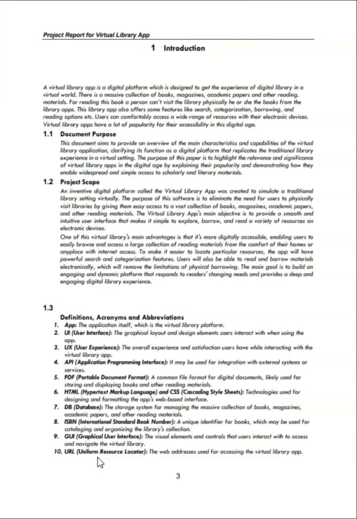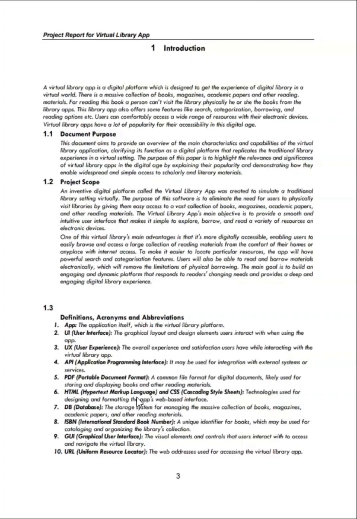On the admin side, the system allows stock management, book modification, order confirmation, and sending notifications to users. This app offers a convenient and accessible way for people to explore and enjoy a virtual library from the comfort of their device. So, the purpose of this document is to outline the goals and scope of the Virtual Library App project.